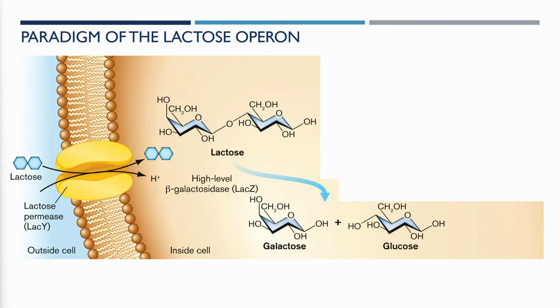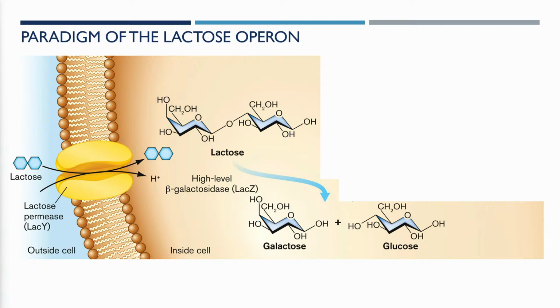So on the left, you have lactose. It's a disaccharide, so it's two sugars, and those two sugars are galactose and glucose. These blue dimers, or disaccharides, are the lactose, and here we have this membrane protein called a lactose permease. Basically, it allows lactose to permeate through the cell, and we call this lac-Y.